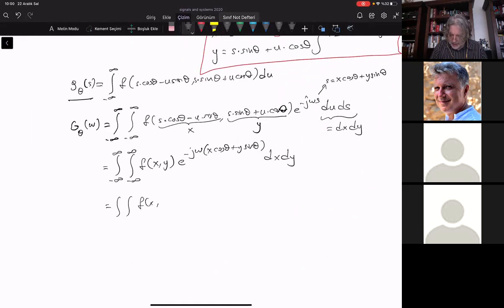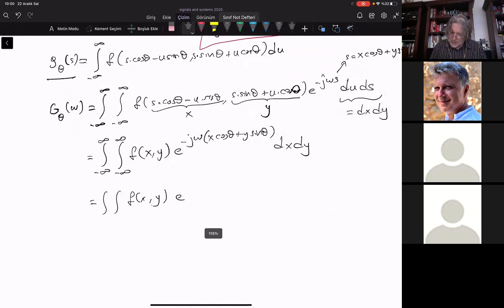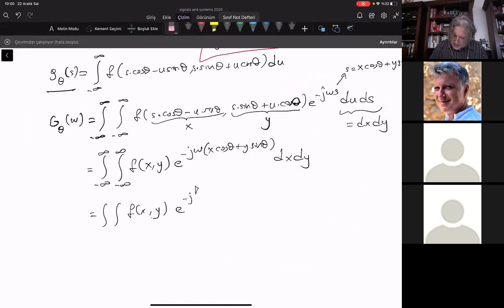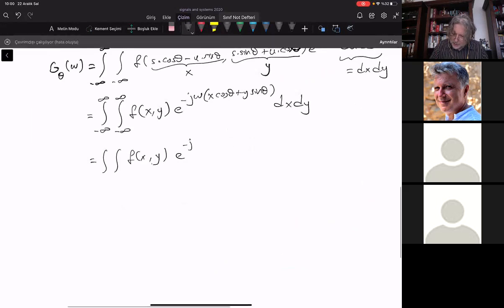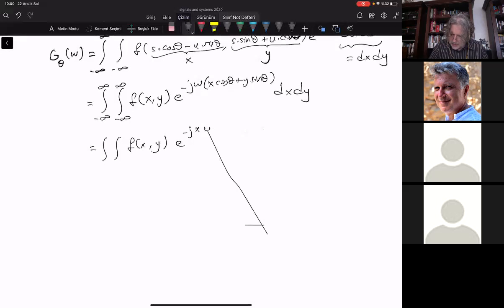again the double integral f of x y e to the, I will write it in this form, minus j, it's showing a jitter, sorry about this, x times omega, the pen is acting erroneously, x times omega cosine theta, and let me put it in a parenthesis of j, plus y times omega sine theta dx dy.